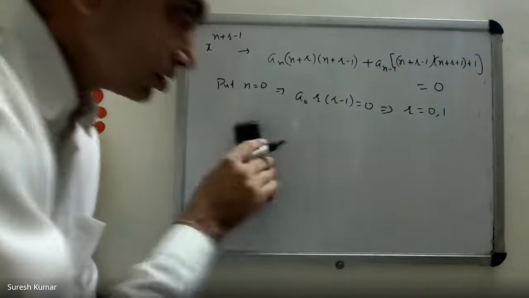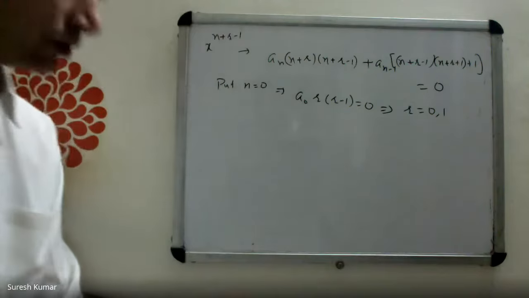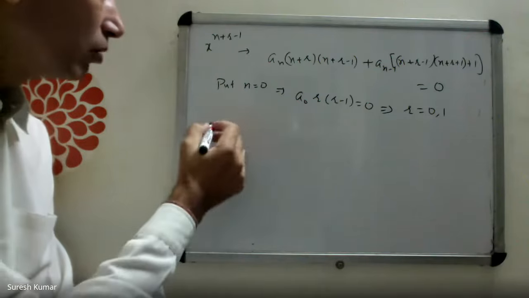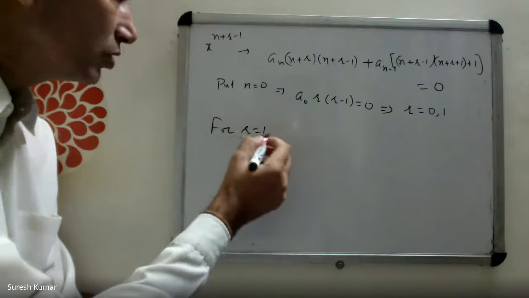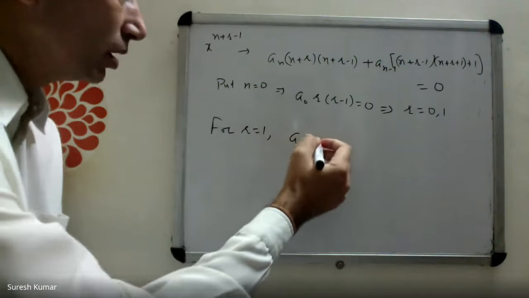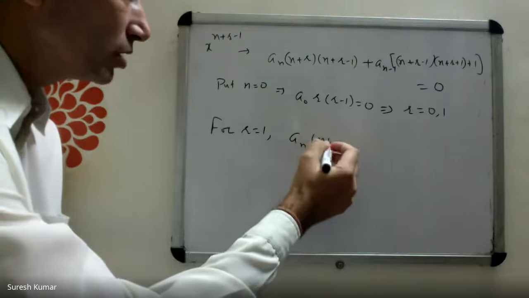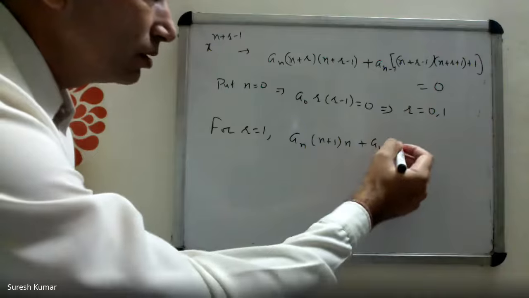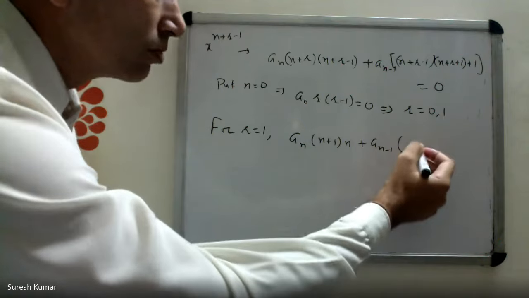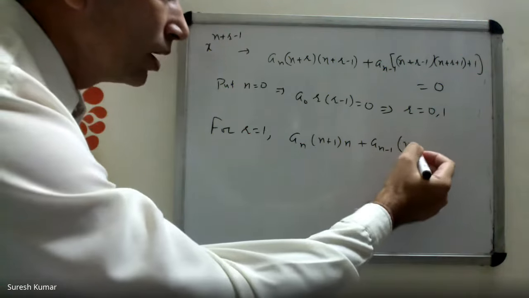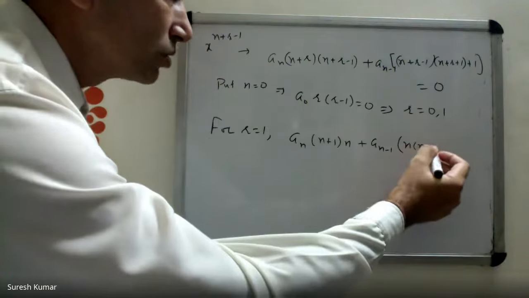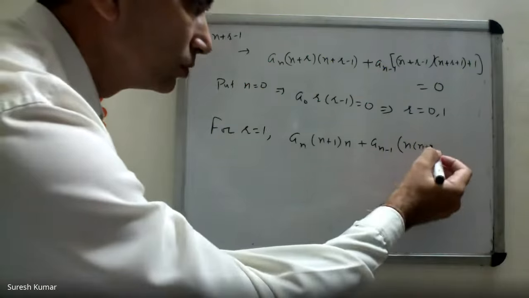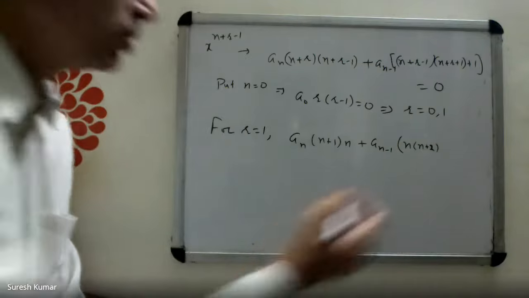So can you calculate the solution corresponding to r equal to 1? The recurrence relation is written here. For r equal to 1, what is that relation? An times n plus 1 into n plus an minus 1 into n times n plus 2, plus 1.